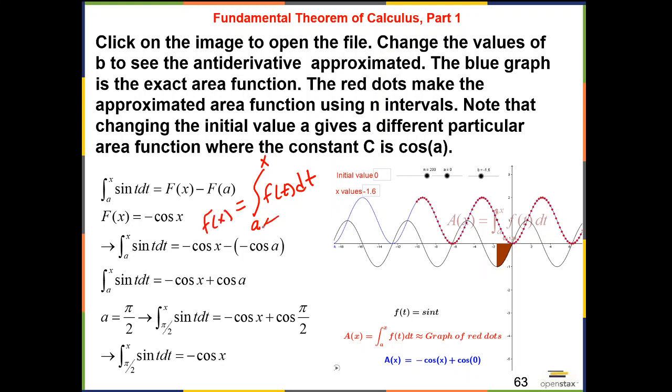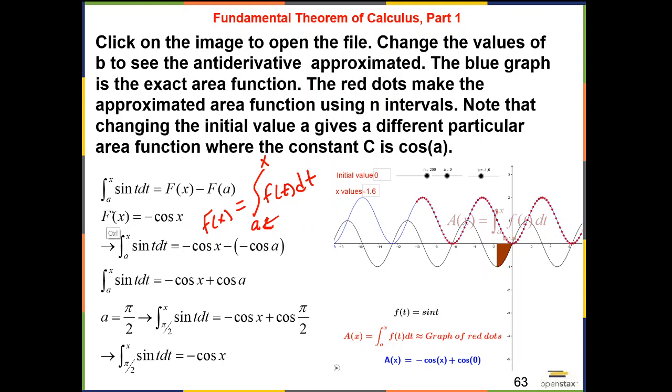What happens if we change this? What changes? Well, remember, the area function is an antiderivative. And remember, an antiderivative is a family of functions. So this number changes which member of the family you're going to get. Okay, that's how it is.